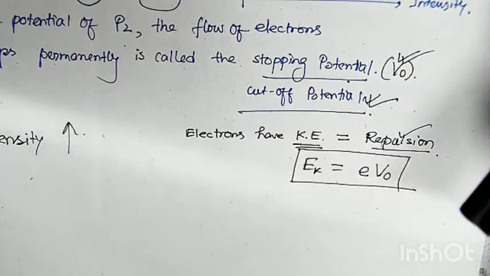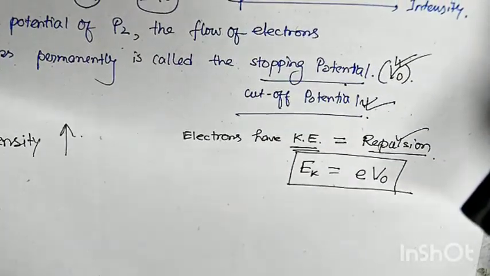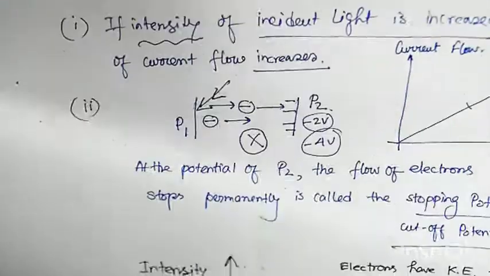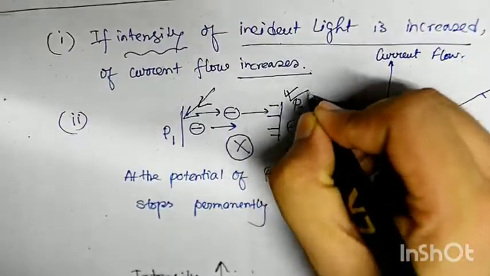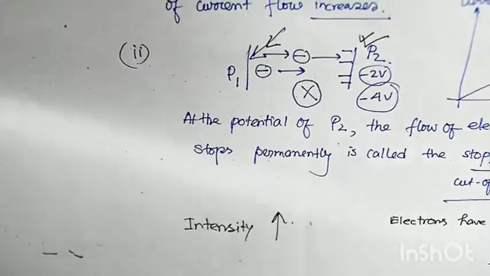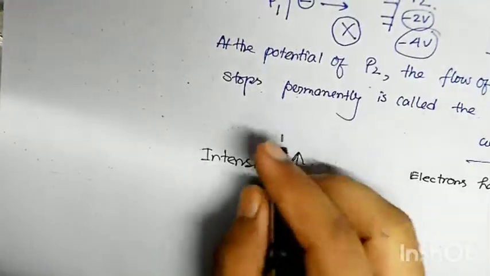If I give the electrons more kinetic energy, the electrons will be able to penetrate further. They will be able to reach this surface again, and the current will flow again. So Lenard and Hertz tried to increase the intensity of light.